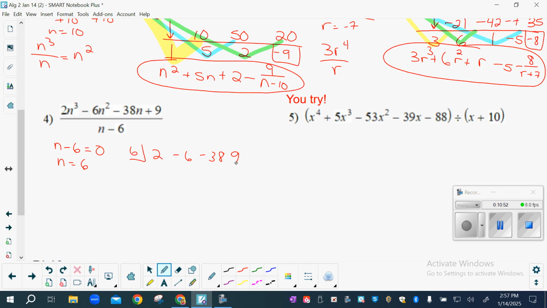These are big numbers. Actually, so from a 1 minus 5.